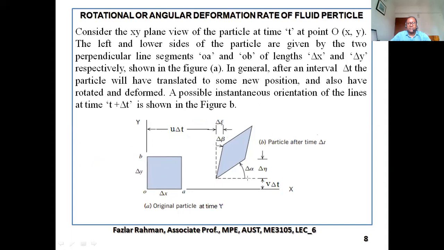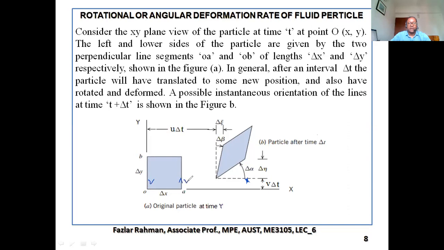A is supposed to be right over here, but it travels more along the y direction from this point, because at point O your y velocity is v, but right over here it is no more v.